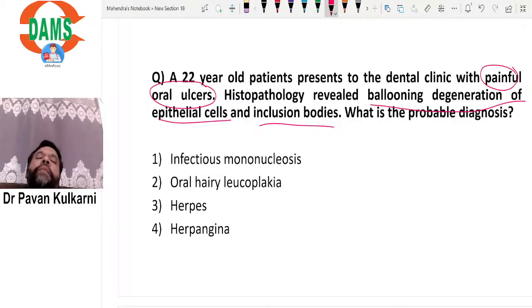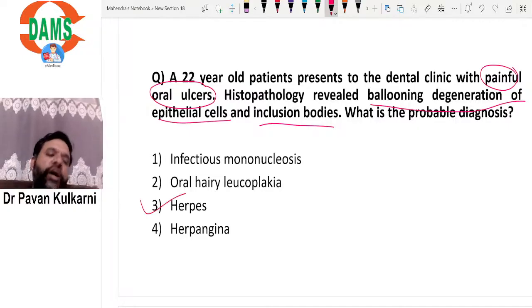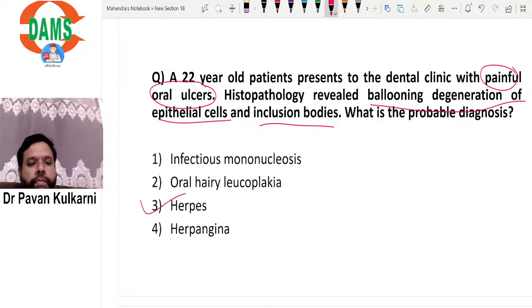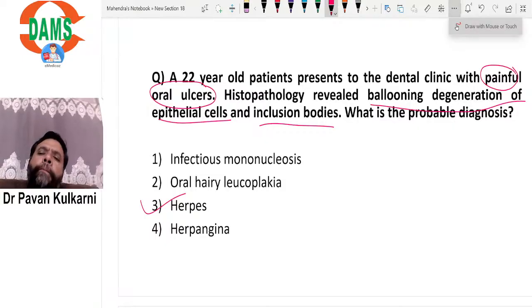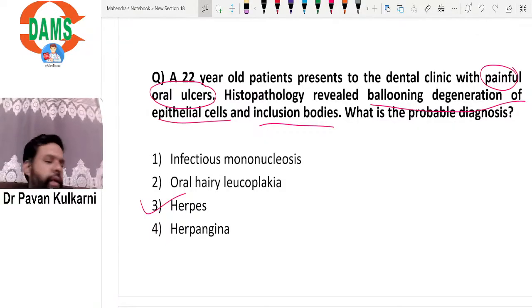Ballooning degeneration of epithelial cells is again a characteristic feature of herpes. Now, what is ballooning degeneration? Ballooning degeneration is something called a cytopathic effect. We know in herpes there is an inclusion body called Lipschutz bodies.